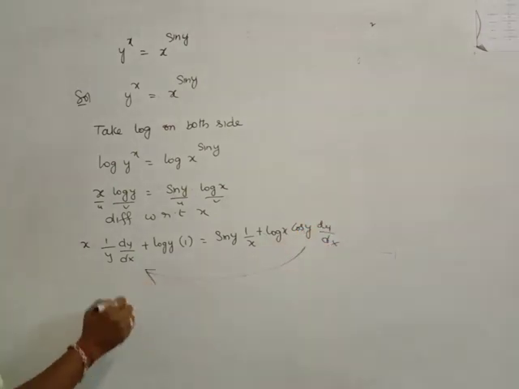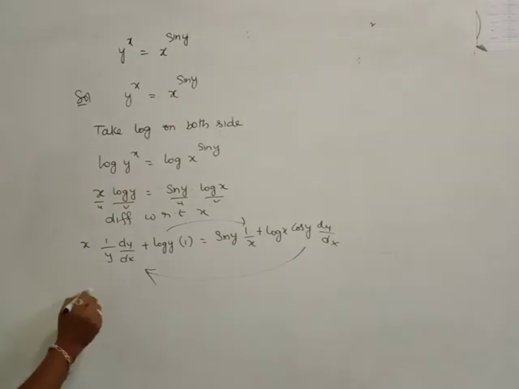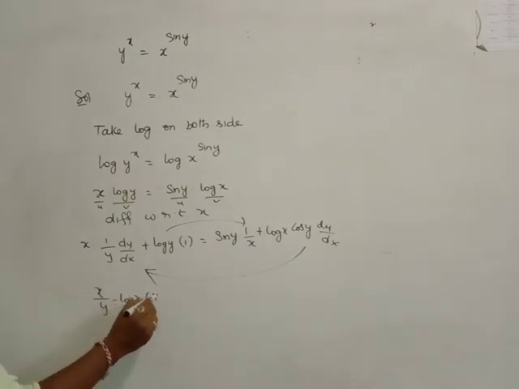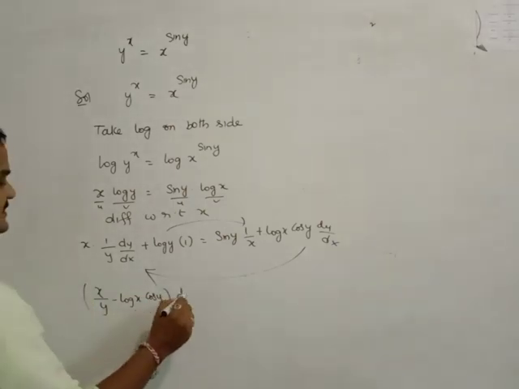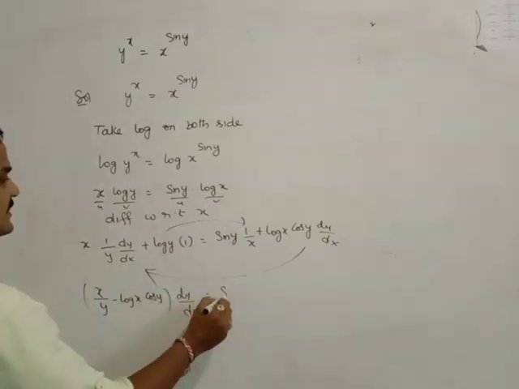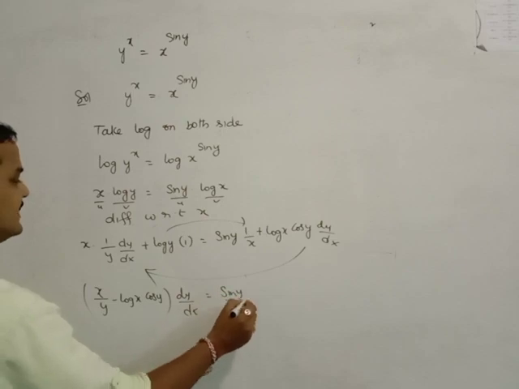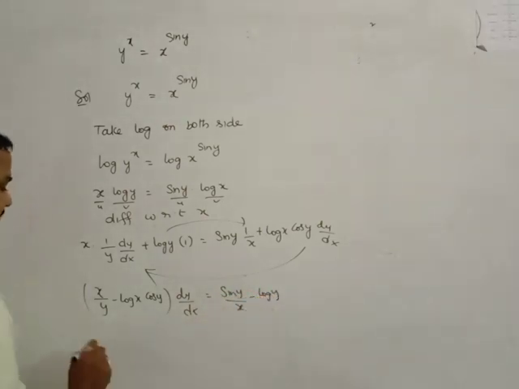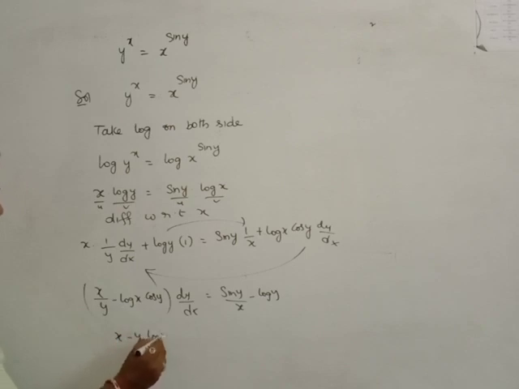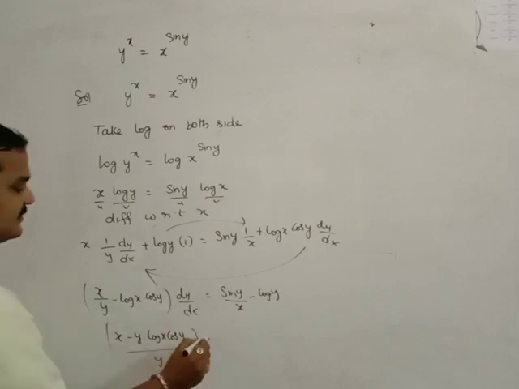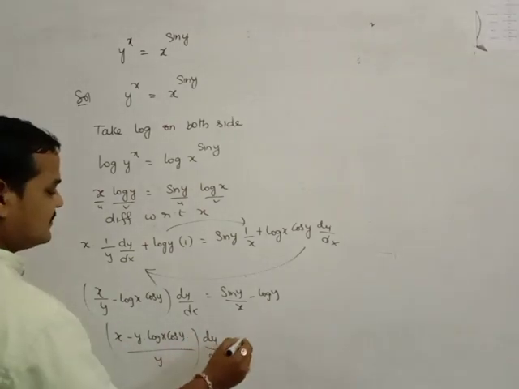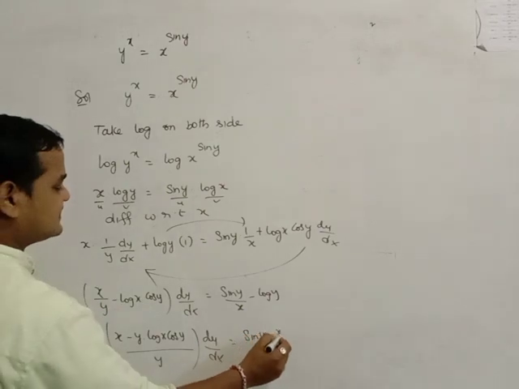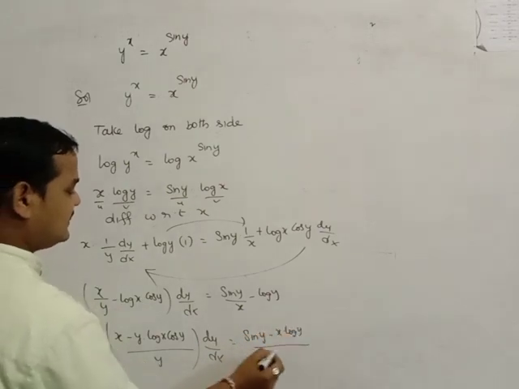Bring this term to this side and that to that side. x by y minus log x into cos y, dy by dx is equal to sin y by x minus log y. So find the LCM: x minus y into log x cos y by y into dy by dx is equal to sin y minus x into log y by x.